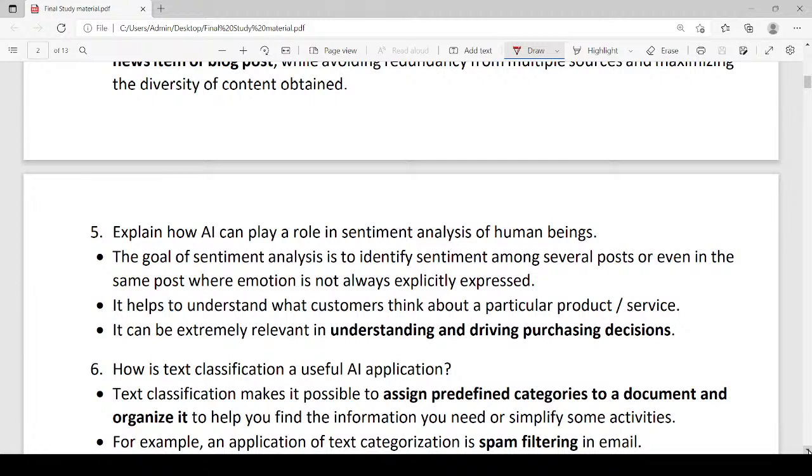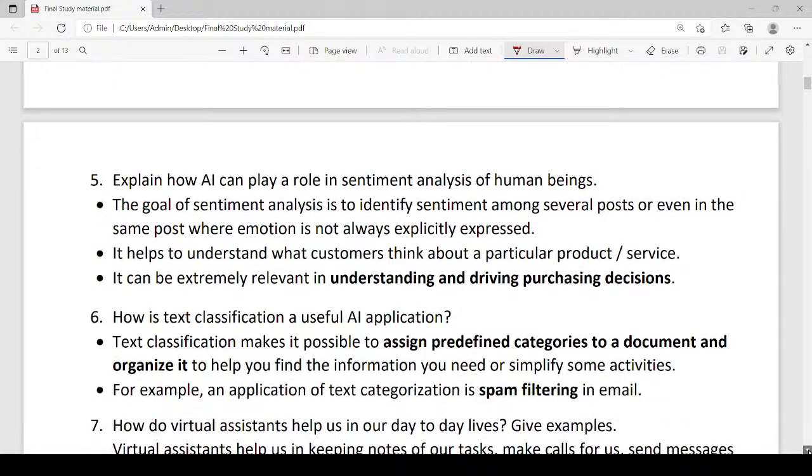So one classic example for text classification is your email filters or spam filters. Once you mark a particular message from a particular sender as spam, from the next time it starts automatically segregating them into the spam folder.